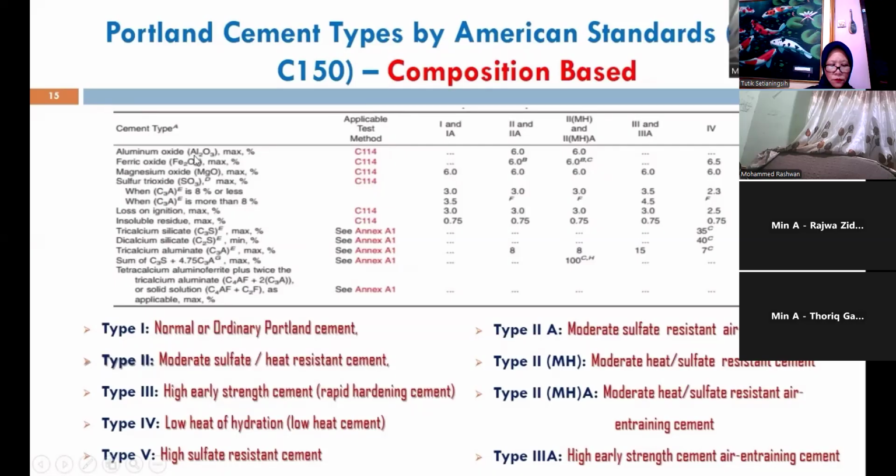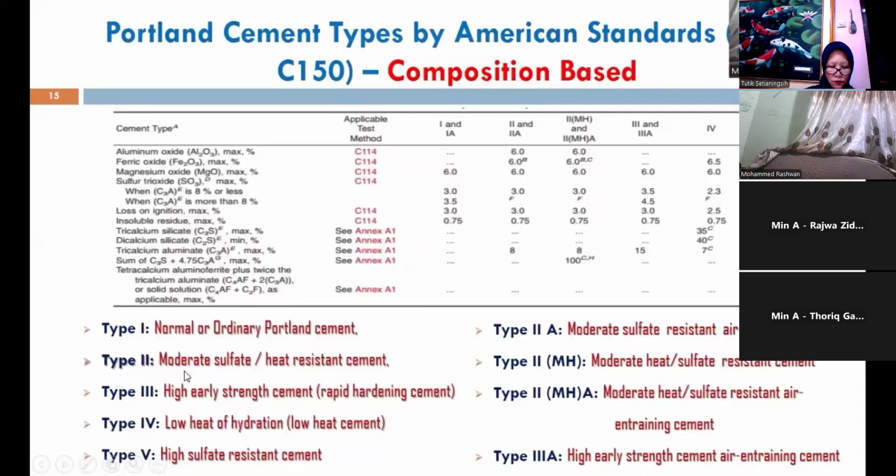For example, the percent of aluminum oxide for type 1 is not specified, so any percent of aluminum oxide is allowed. And for example, magnesium oxide for type 1 must not exceed 6%, and sulfur trioxide must not exceed 3 to 3.5%, and so on.